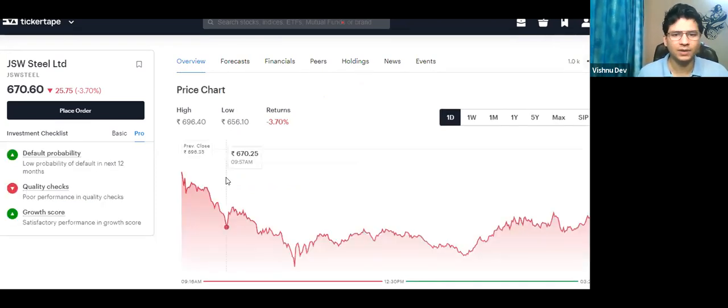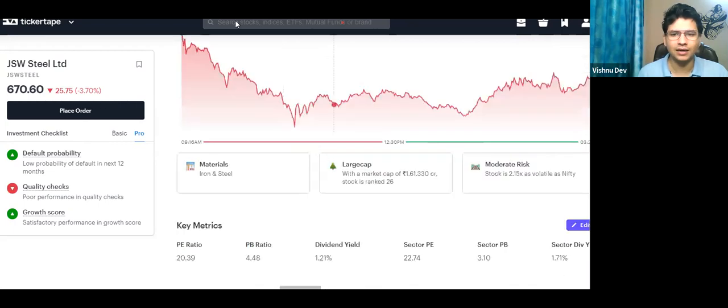Tell me. It is a large cap company. And see the market capitalization is 1,61,330 crores. Yes, Pragati, I'll do that, don't worry. And the ranking is 26th.